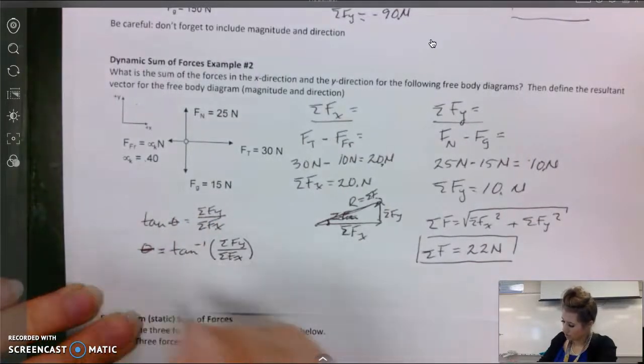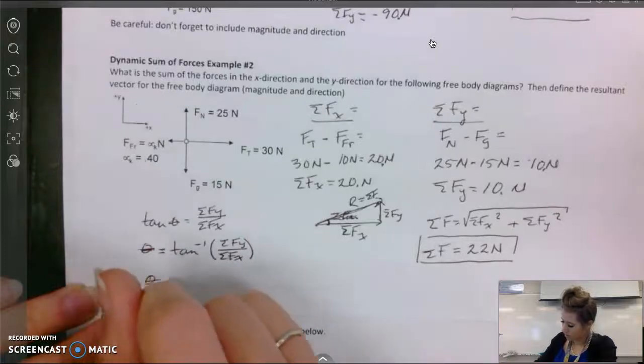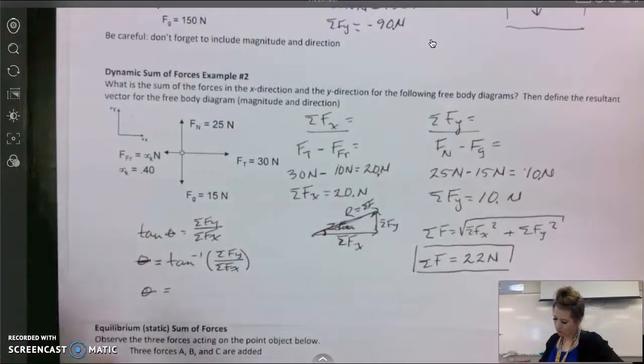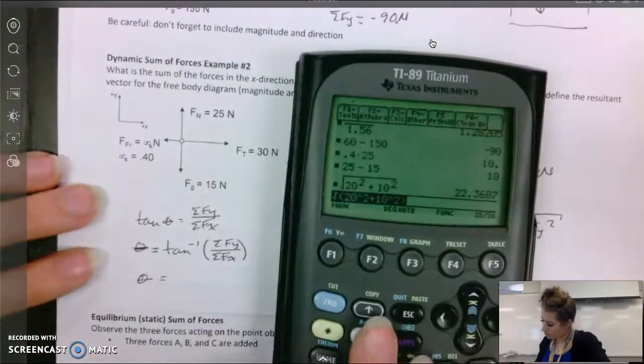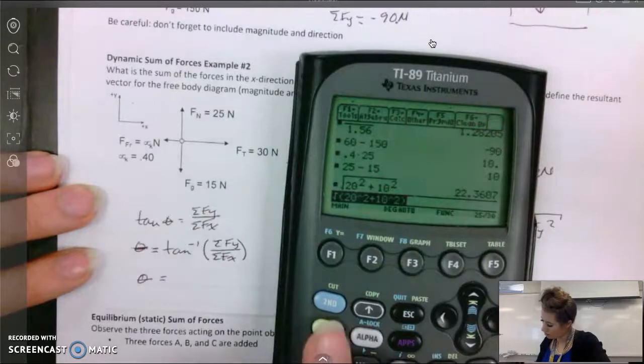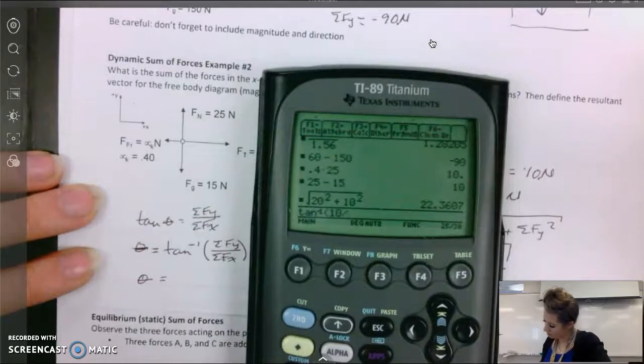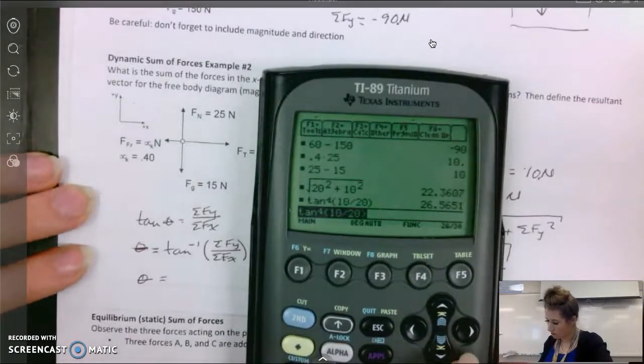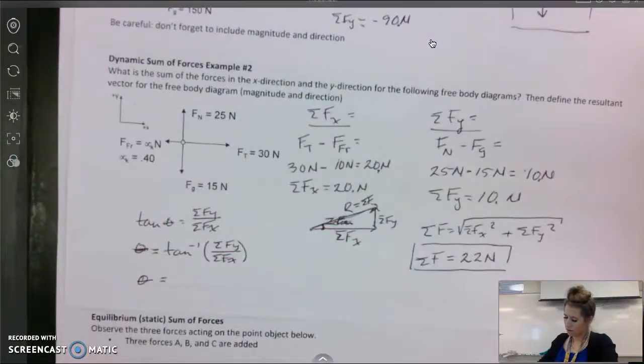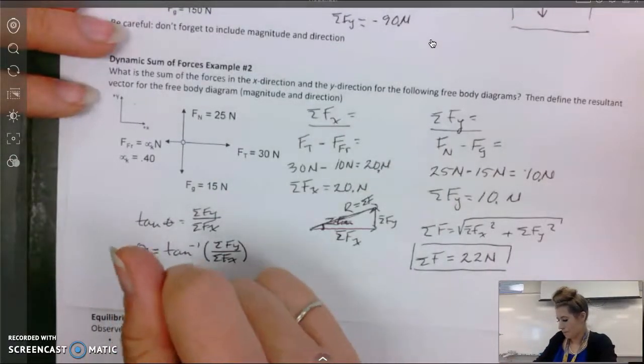So let's plug that in. So we're going to go tan inverse. Sum of the forces in the y was 10. Sum of the forces in the x was 20. So this angle is 26. Round that up to 27 degrees.